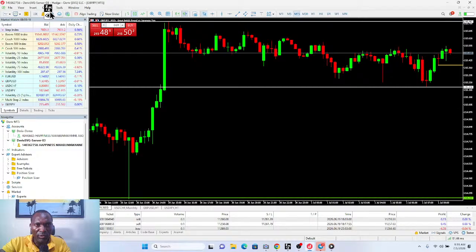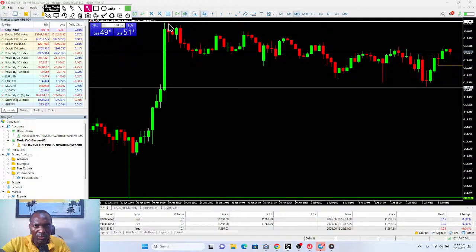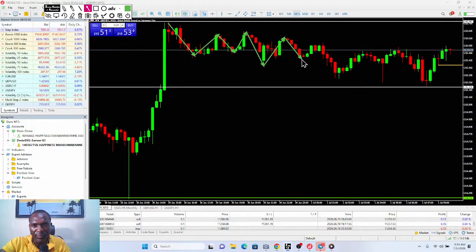Let's explain something right here. The market is moving like a range. Move down, move up, move down, move up, move down, and move up.